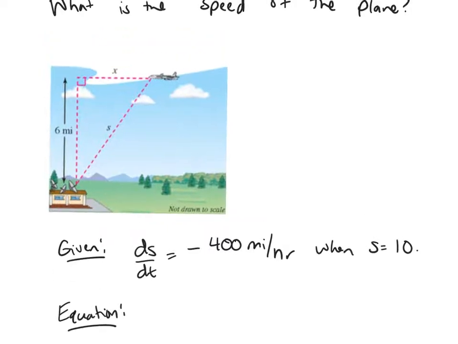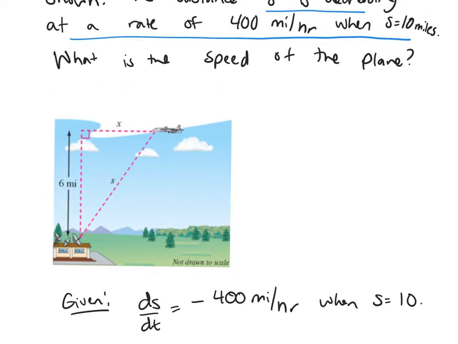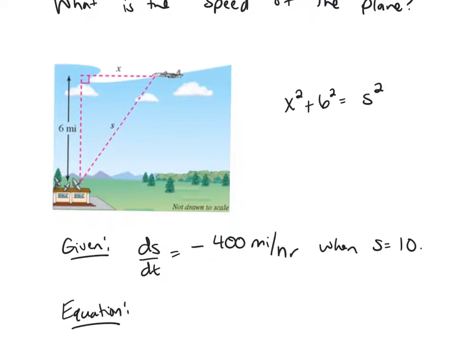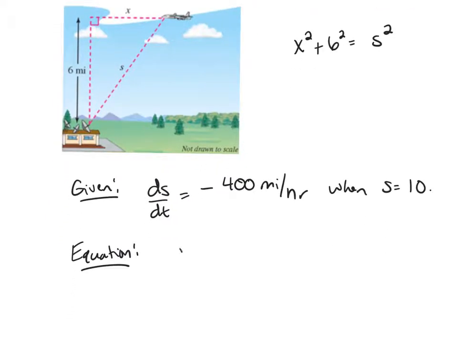So if I go back to my picture, I'll see that this triangle is a right triangle, and so I can use the Pythagorean theorem here. I get x squared plus 6 squared equals s squared. So there's my equation: x squared plus 6 squared equals s squared.